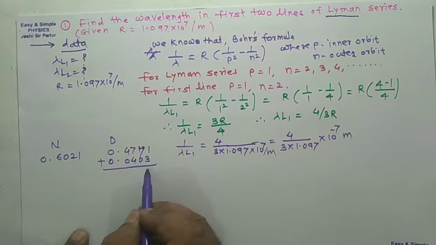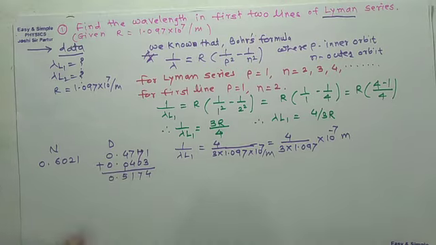Addition will be there, so that is 4, 7, 11, 5, 0 point.